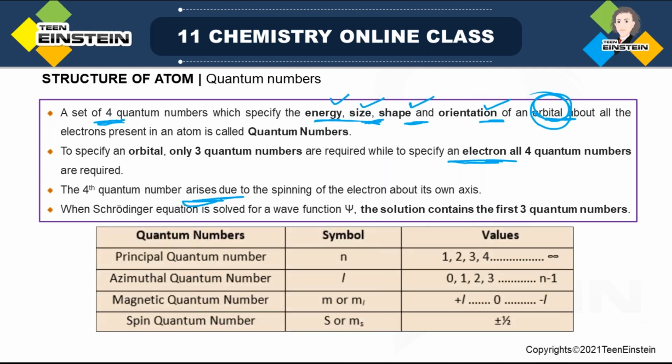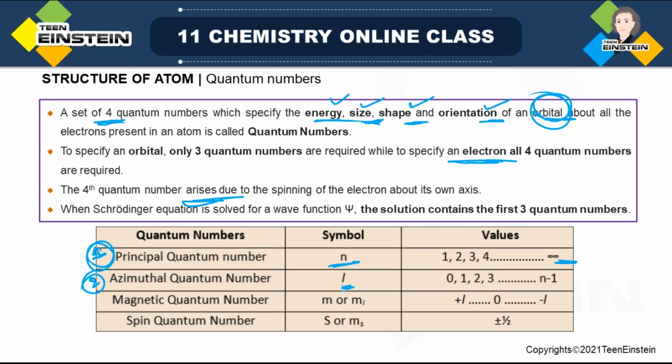So at a first glance we have this information, but one by one we will go into the details. The first quantum number is the principal quantum number, denoted by small n. It can have integer values starting from 1 up to infinity. The second is the azimuthal quantum number, denoted by small l.